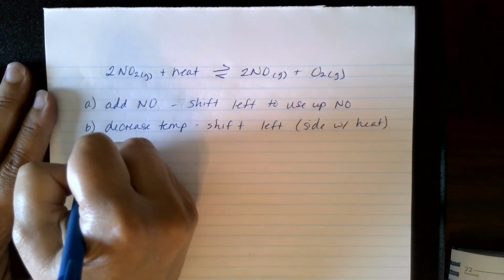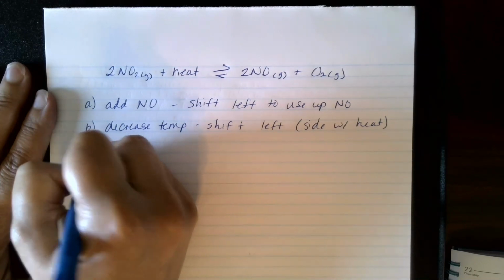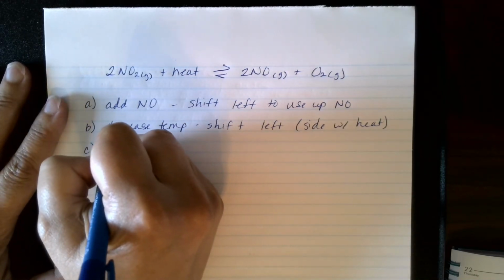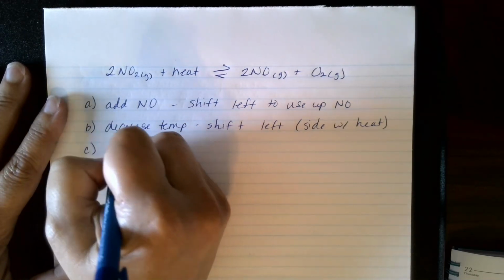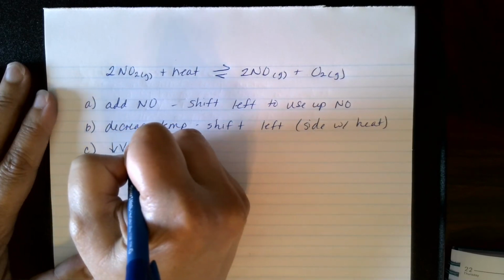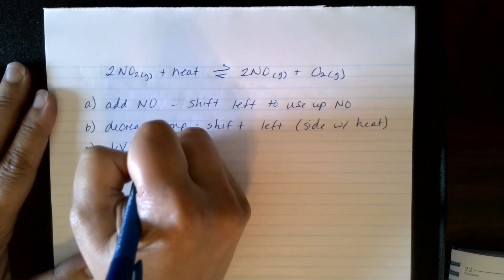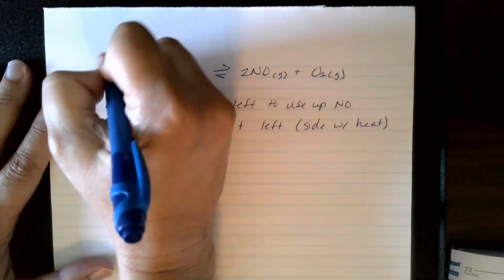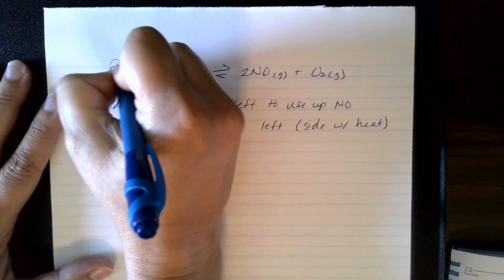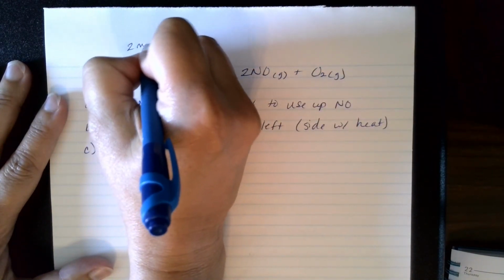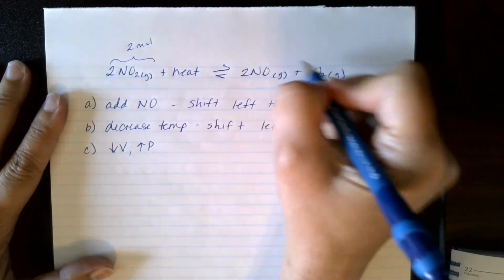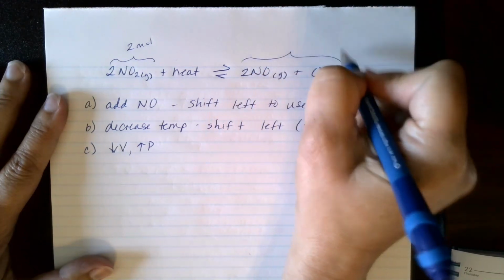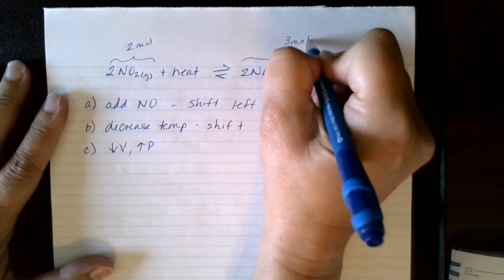Let's say for C that we are going to decrease the volume, which means we're going to increase the pressure. Alright, so I need to look at gas. So I have 2 moles on this side, and I have 2 plus 1, 3 moles of gas on this side.